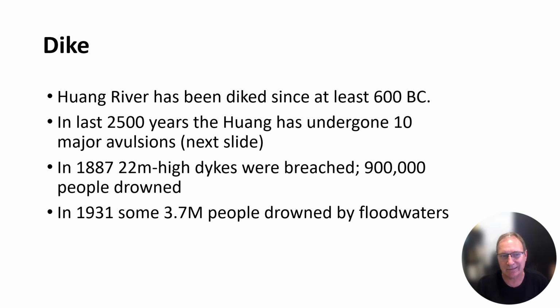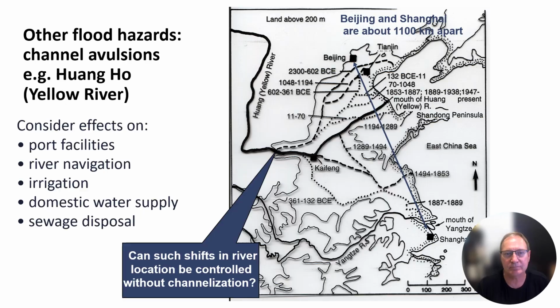But again, the example that I used, in 1887, a 22-meter dike was breached and 900,000 people drowned. In 1931, 3.7 million people drowned by floodwaters.